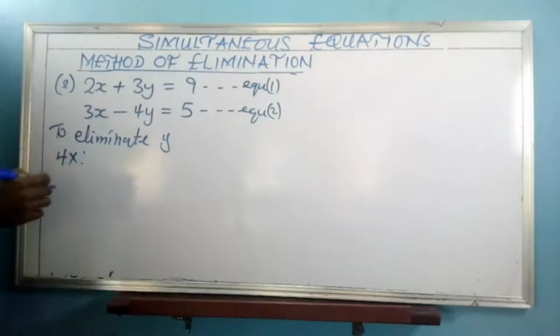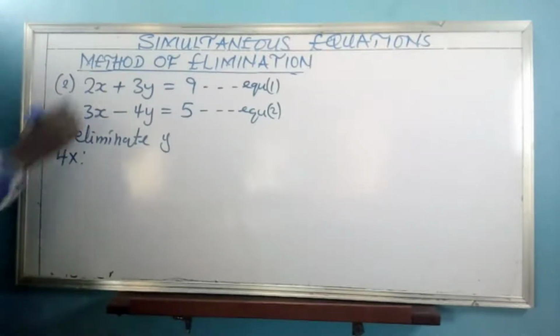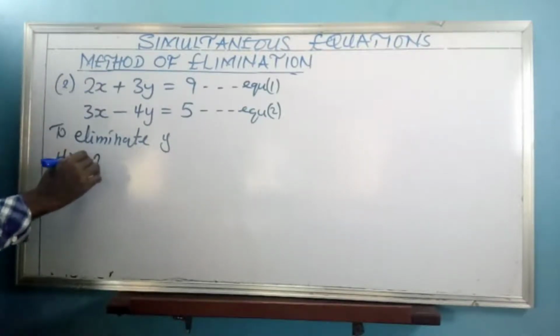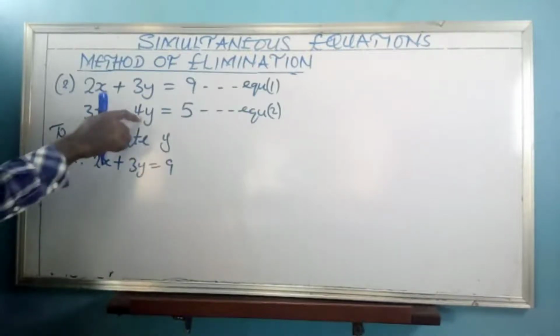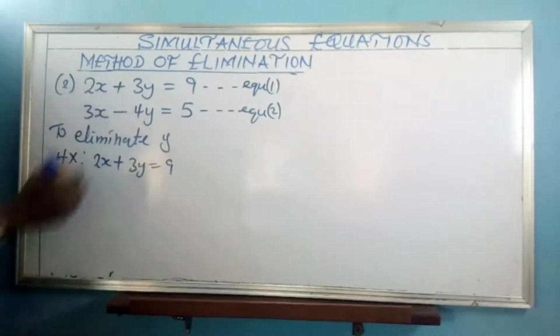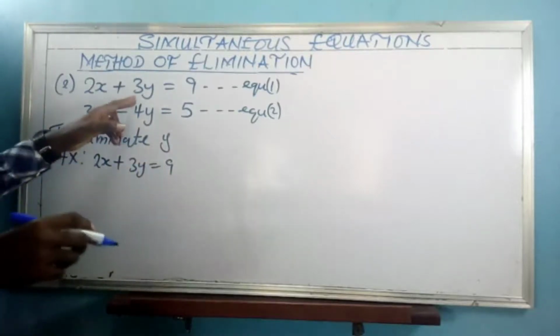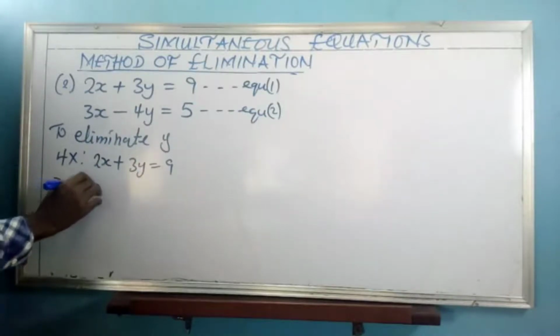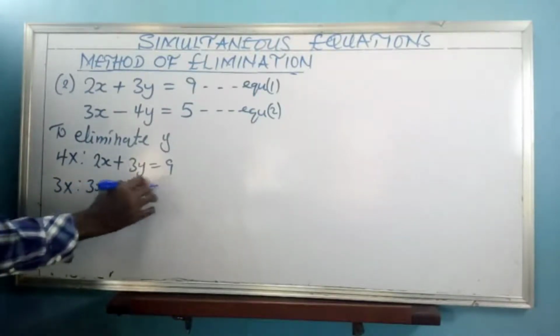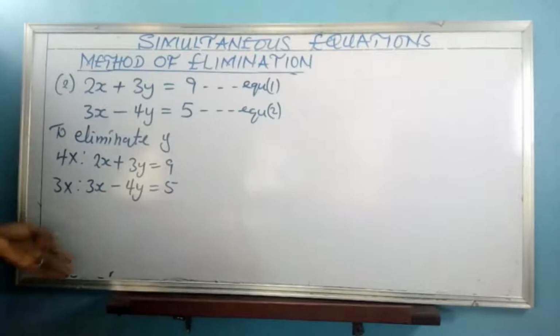We have 2x plus 3y equals to 9. And I'm going to use the coefficient of y here, that is 3, times equation 2. Equation 2 says 3x minus 4y equals to 5. Do we see it now?